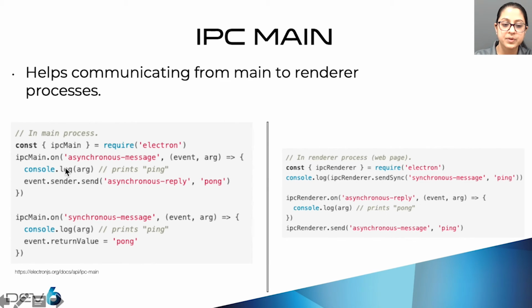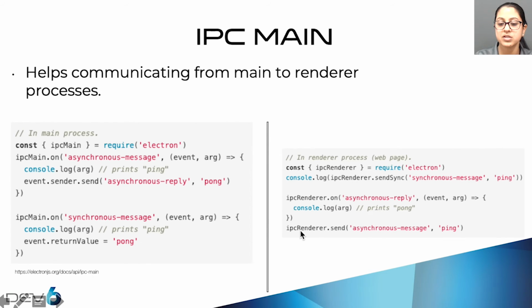For example, in the main process, at the second line, ipcMain.on asynchronous-message. So you can think that when we pass this message, it's listening for an asynchronous message, and the same message will be listened for in the render process.